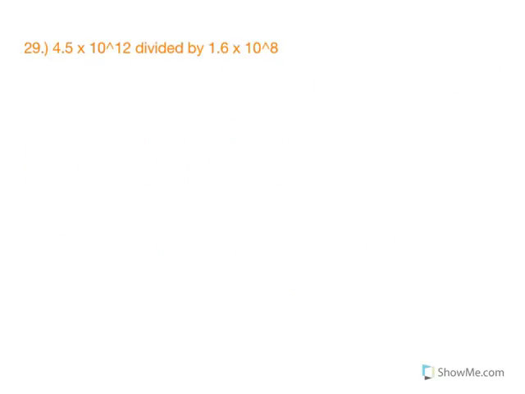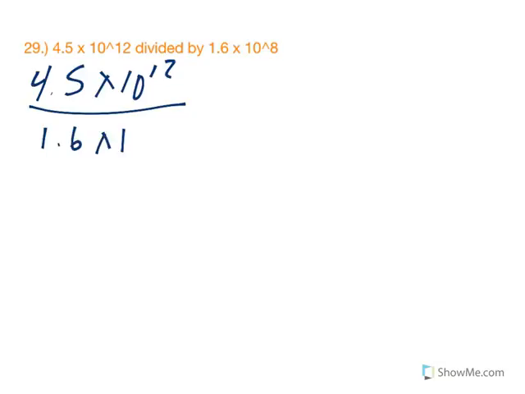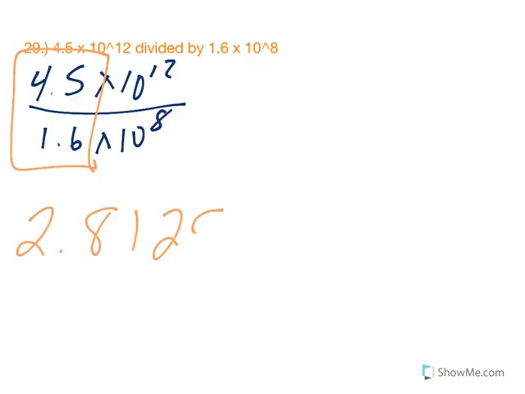Number 29, now we're dividing. So sometimes I think it's easier to divide if you start in a vertical format. So when I start this direction, now notice I can take these two numbers and divide. So 4.5 divided by 1.6 should give you 2.8125.